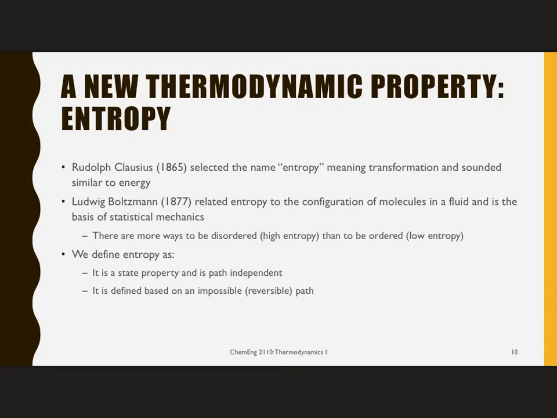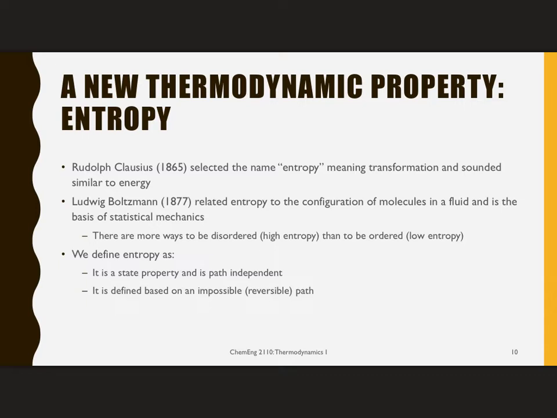Kind of in the same general time period, Ludwig Boltzmann in 1877 began relating this entropy to the way the molecules were configured in a fluid and started the basic concepts that became statistical mechanics.